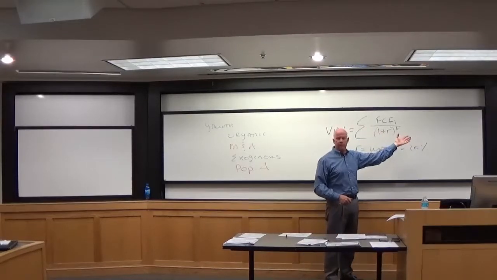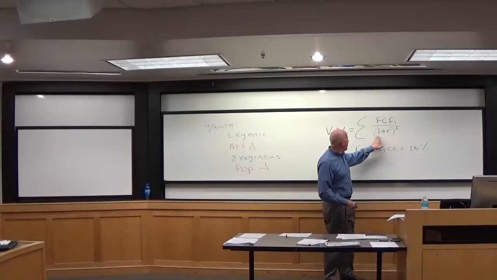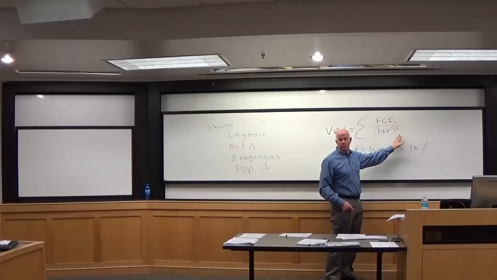Not an infinite number of them, but we can figure it out. And let's assume for a minute that we've got the R of 10%, we come up with a number.